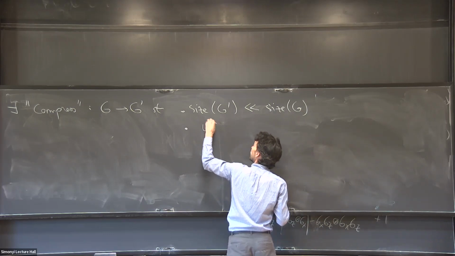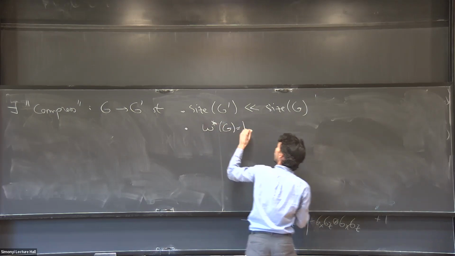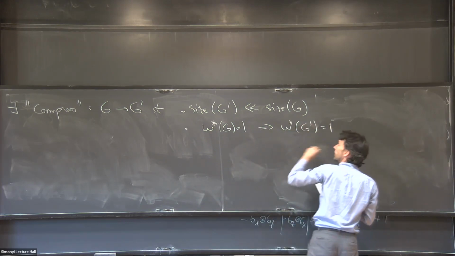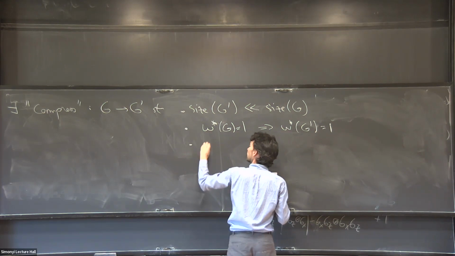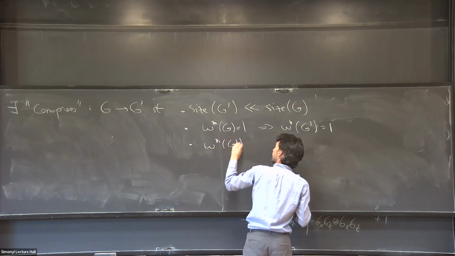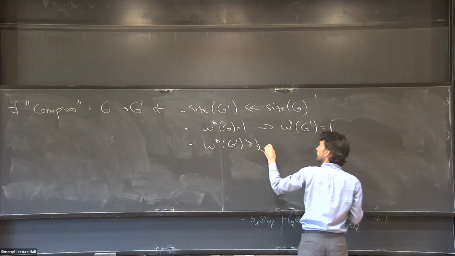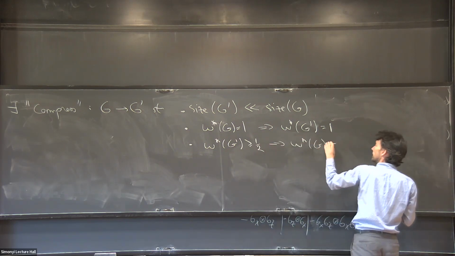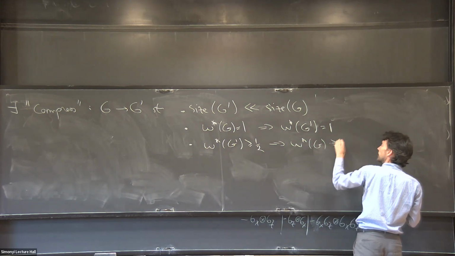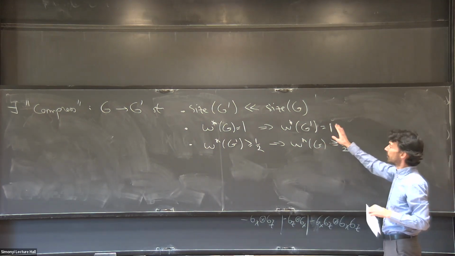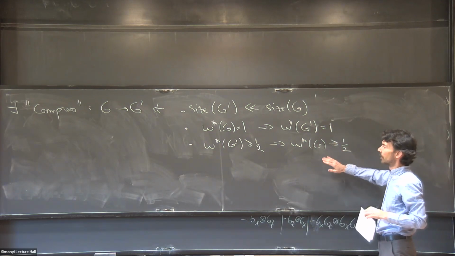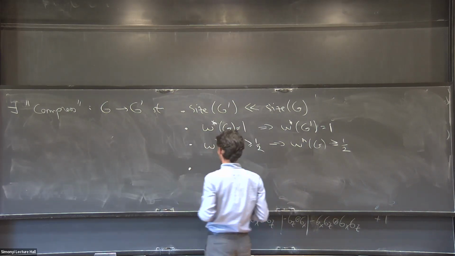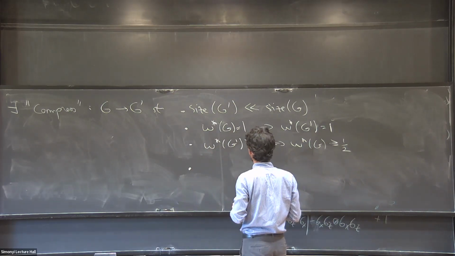So if the value of G was 1, then the same is true for G prime. Conversely, in other words, things that were 1 stay 1, and things that were below half remain below half. And moreover, some complexity parameter is going to be respected.